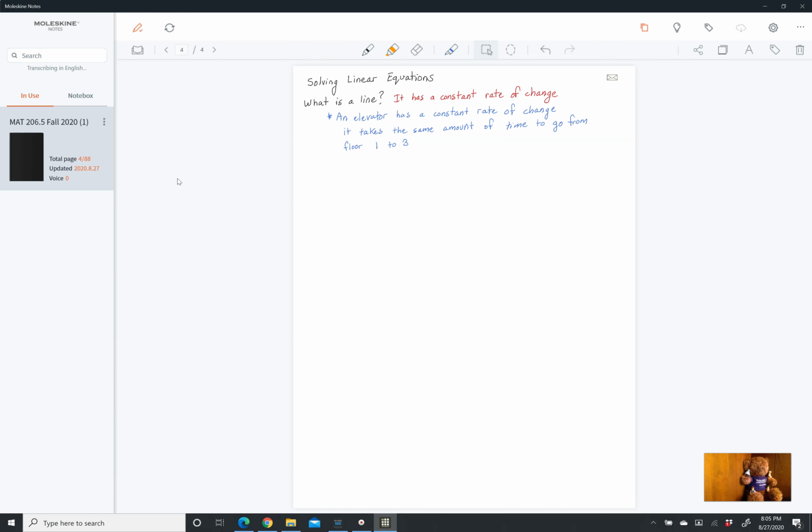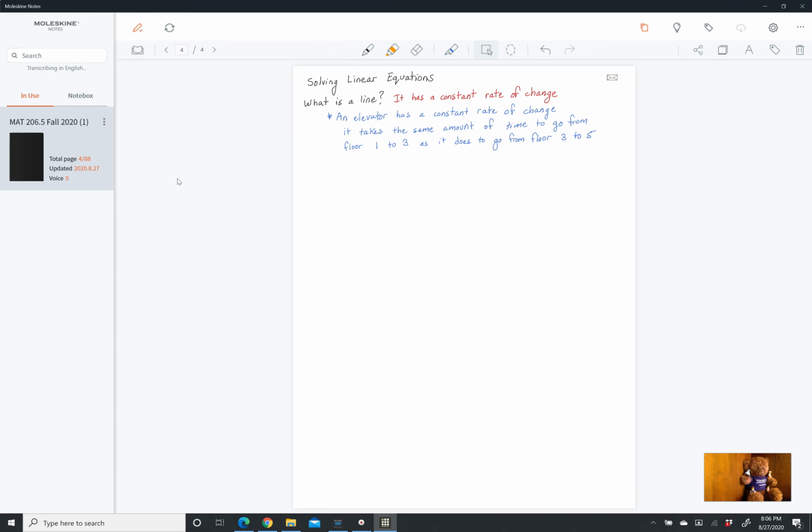If we went from floor 1 to 10 and then from floor 11 to 20, it would take the same amount of time. Again, as we said, it can also be distance, where it's the same distance from floor 1 to floor 3 as it is from floor 3 to floor 5.